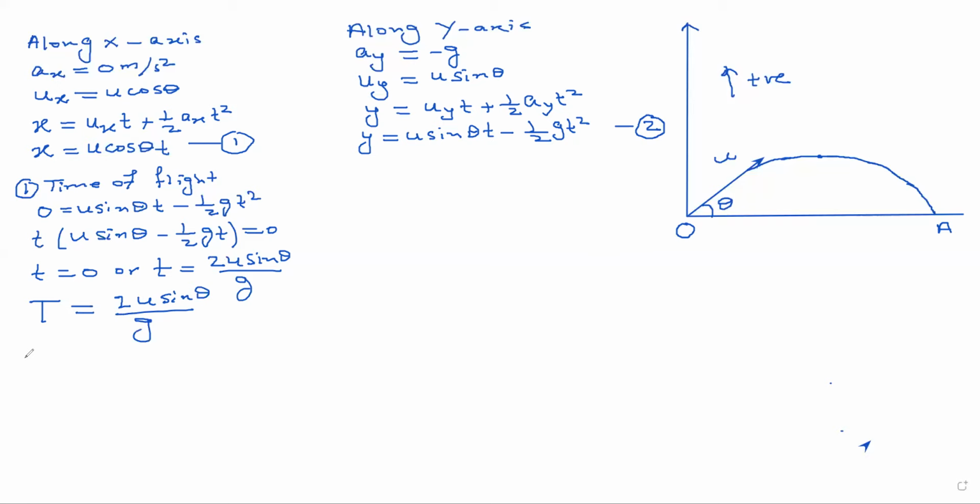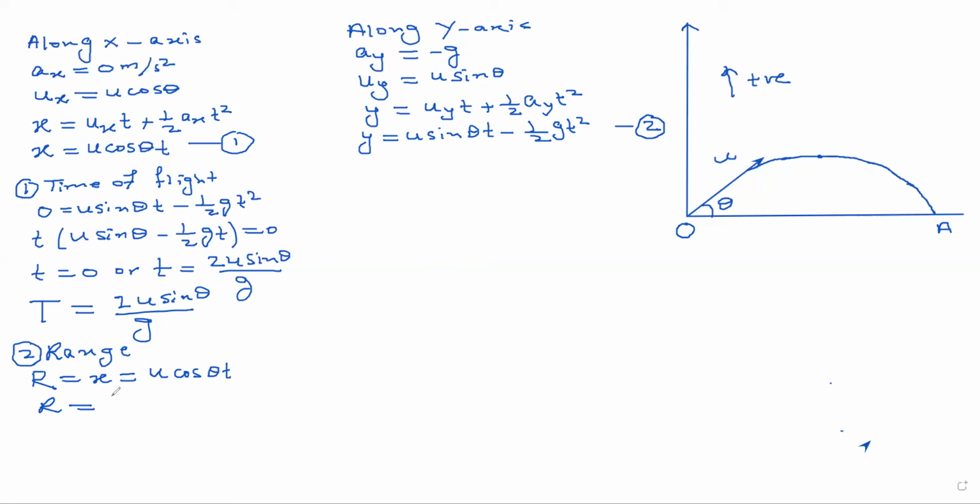Now the second derivation is for the range. What is the horizontal range? Range means the horizontal distance between O and A. For this we will use equation 1. So R is basically x, and we have the formula u cos theta into t. In place of t we put 2u sine theta by g.